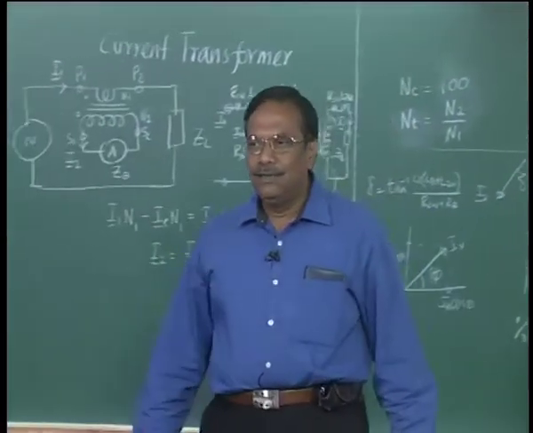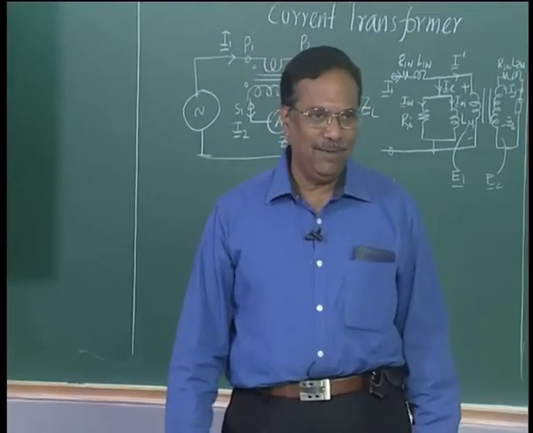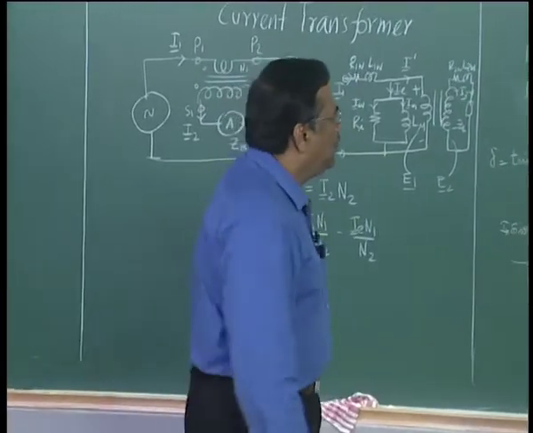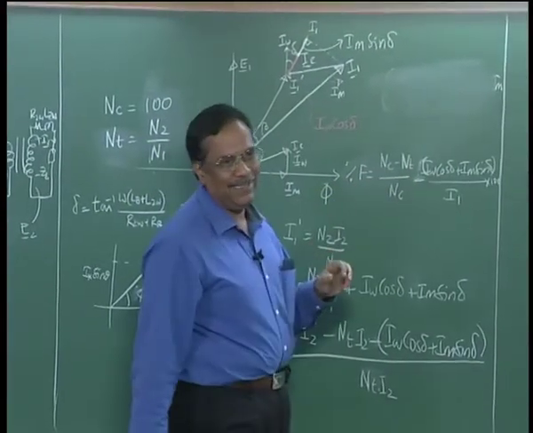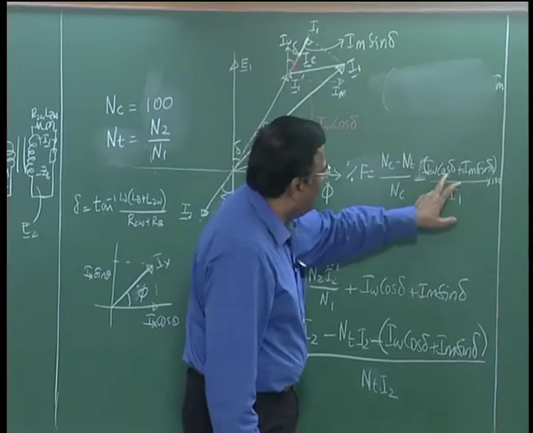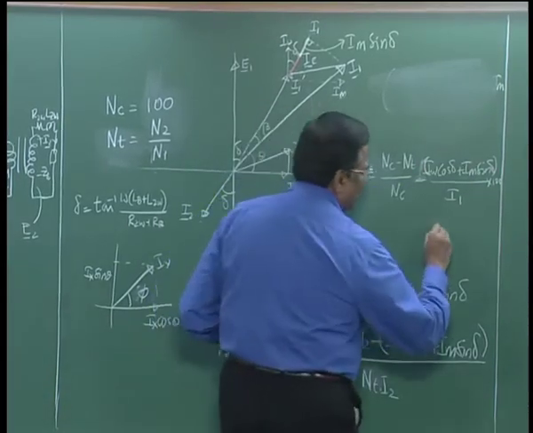The I1 prime will always be less than I1, right. So, which means if I make NT slightly smaller than NC, let us assume that IW cos delta plus IM sin delta by I1 becomes minus 1%, right.